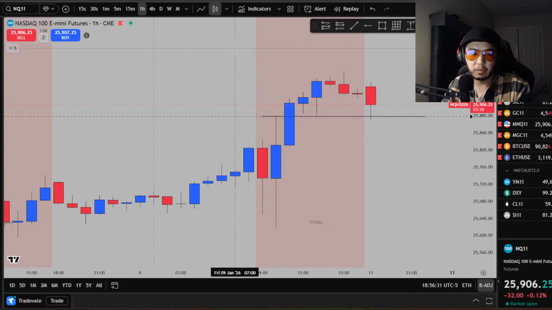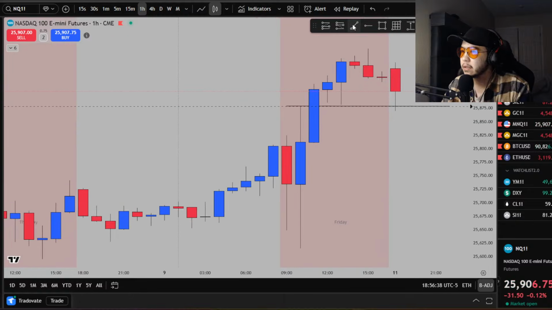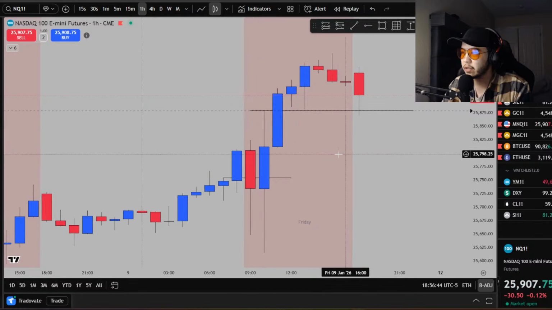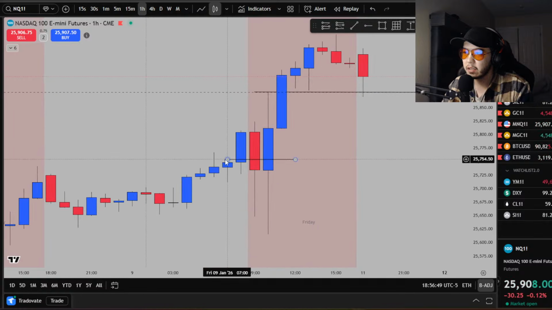Type in the chat where you guys are watching from. So every time I get on the chart, I usually mark something like this. I ask, what's the most recent area that the price closed through?